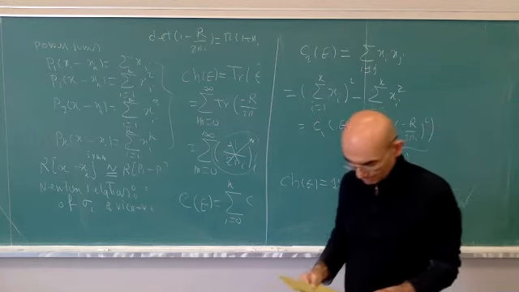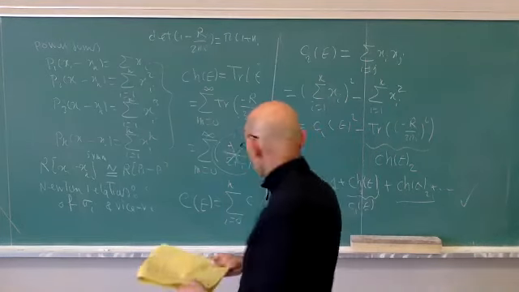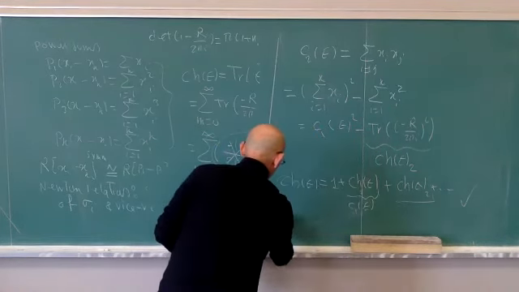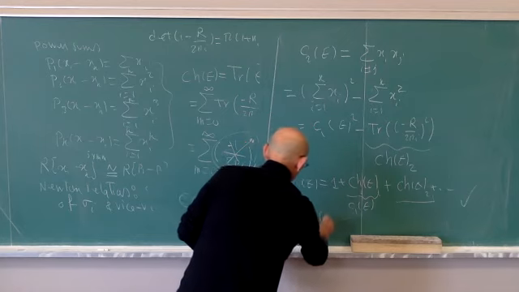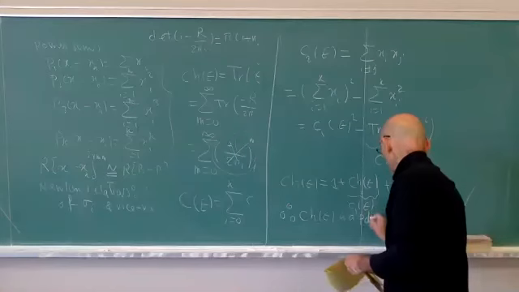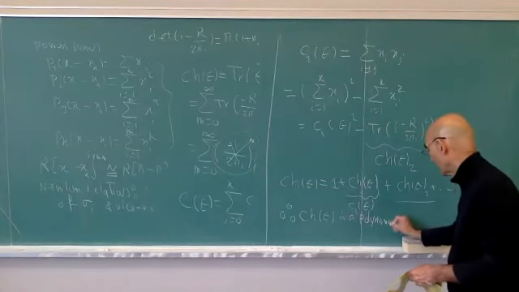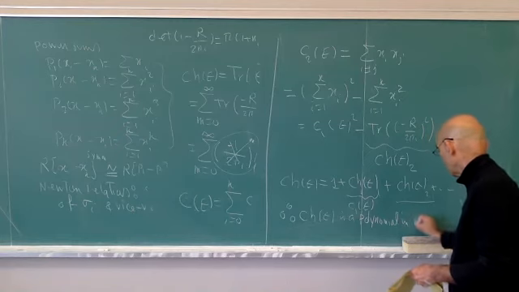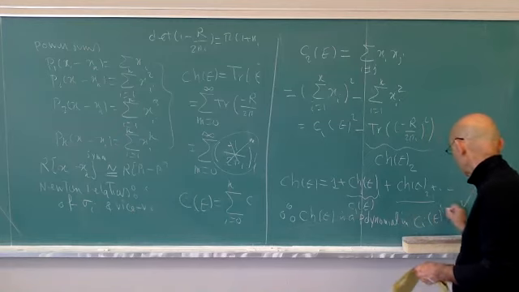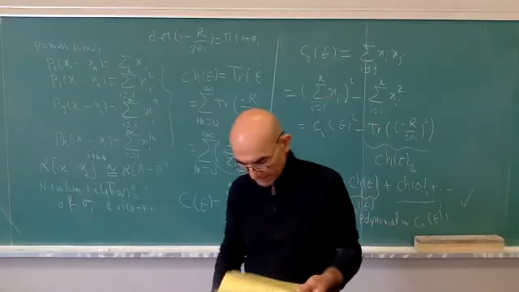And so on. So the corollary is that the Chern character of E is a polynomial in the Chern classes, and vice versa.